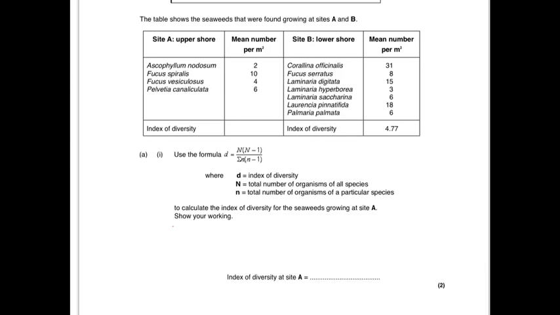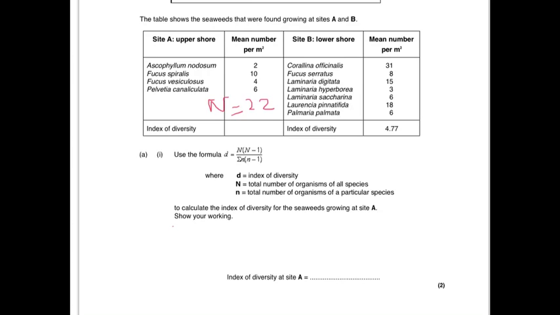To work this out, you need to first of all know the total number of organisms of all species. So you add up the number of species in this column. So 2 plus 10 plus 4 plus 6 is 22. Now the first part of your equation, that is capital N. N equals 22.